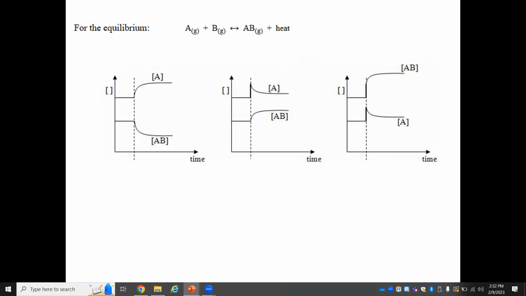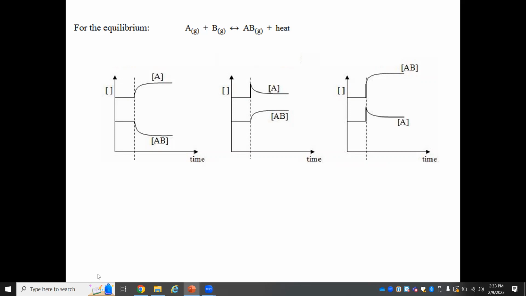So here I have 3 different graphs, and each of these are going to represent the 3 different changes that can occur, the 3 different stressors. So here we're using the reaction of A plus B produces AB plus heat. So this is an exothermic reaction. Looking at the first graph, if you notice, they are both flatlined to begin with, and then they both change gradually.